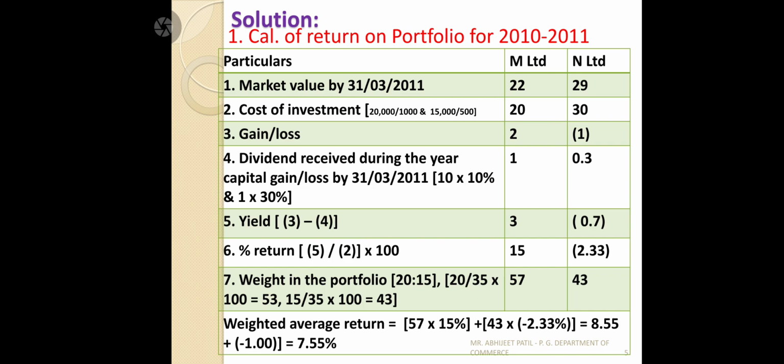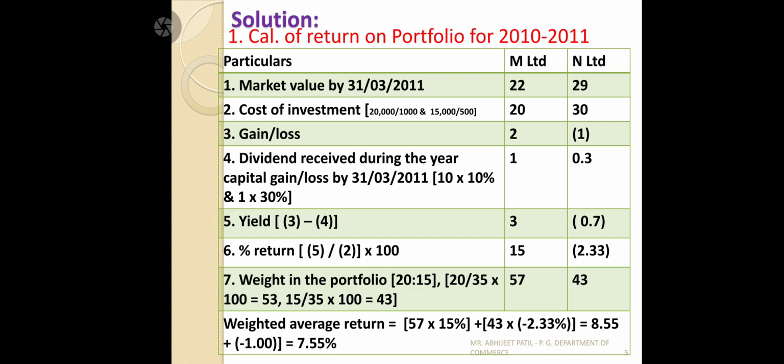So what is the cost of investment at that time? That is 20 rupees. How do we find it? 20,000 divided by the 1,000 shares purchased. And for N, we invested 15,000 and purchased 500 shares, so we get 30 rupees per share of N Limited.